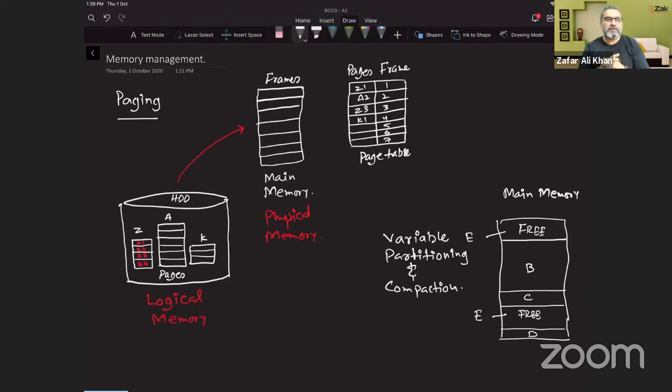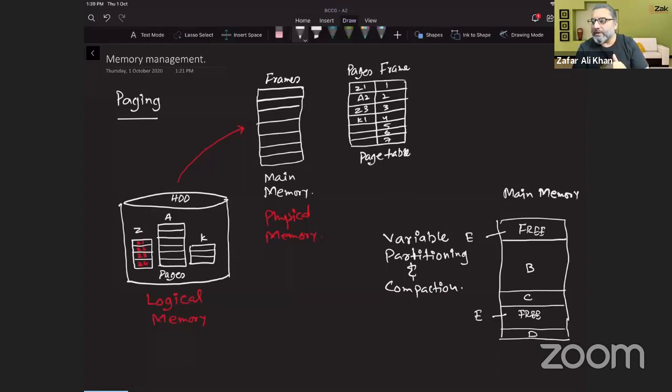Now when we move the program, it's not just like moving a whole physical thing towards one side. Rather, a program is a collection of a number of instructions. So we have to copy each instruction to a new location.